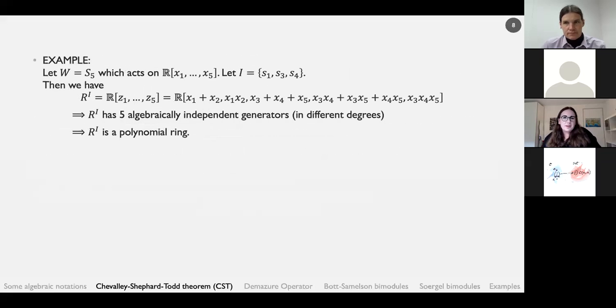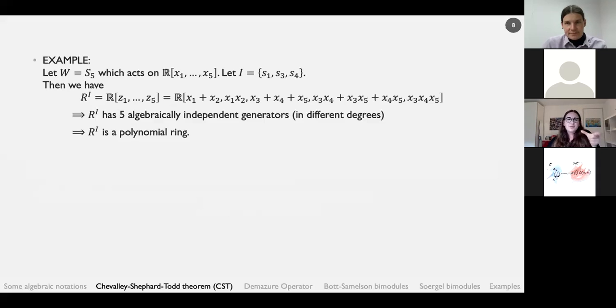Now I'm going to demonstrate the statement of the Chevalley-Shephard-Todd theorem in an example. Let W be the symmetric group S5, which acts on the polynomial ring over R with the variables x1, x2, x3, x4, and x5. Let I be the set of the simple reflections, and then we have that R^I, which is again a polynomial ring, is over the 5 elementary symmetric polynomials: x1 plus x2 plus x3 plus x4 plus x5, x1x2 plus x1x3 plus and so on.